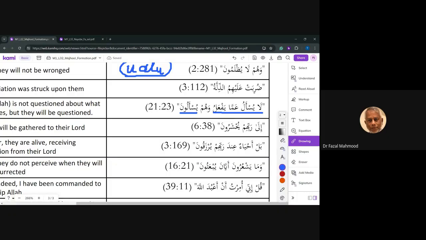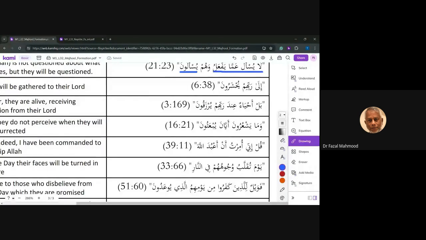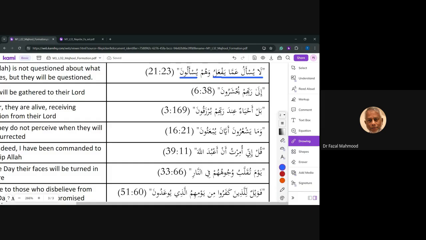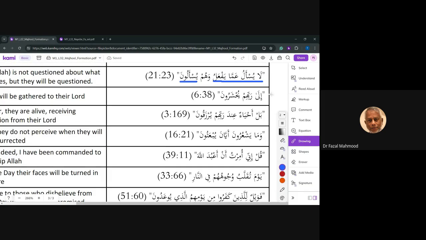And wahum yus'aluna, and they will be asked. There are more in this sentence, but understand this naib fa'il thing, majhul thing, which is important, okay?